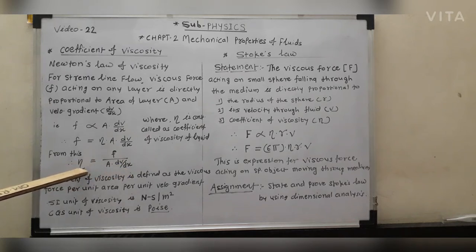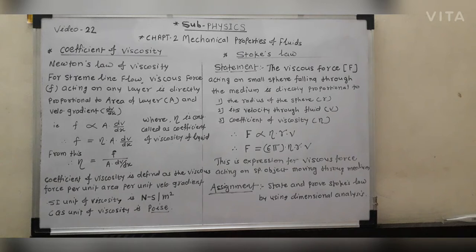Therefore the coefficient of viscosity is defined as the viscous force per unit area per unit velocity gradient. This is nothing but F upon A into dv by dx.